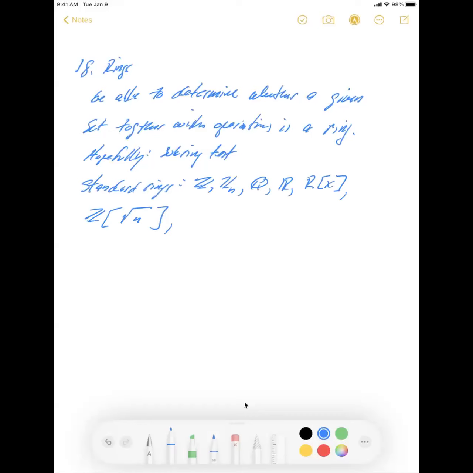There's matrices, and so on. So if you happen to have a set and recognize, oh, it actually lives inside one of these known rings, then you can just apply the subring test.